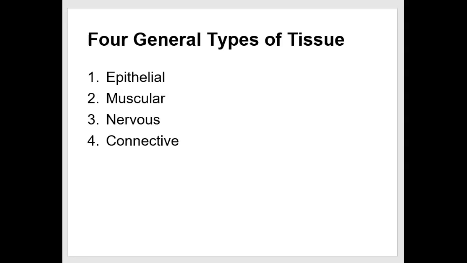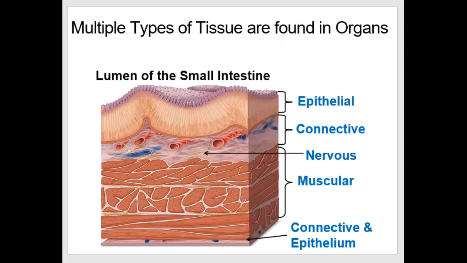So overall, we have 4 different general types of tissue in our body, including epithelial tissue, muscular tissue, nervous tissue, and connective tissue. So within one organ, you may find all of these tissue types. For example, this is a diagram of the cross-section of the small intestine. And the small intestine is a hollow tube, and so we're only seeing the wall on one side of the tube. And the hollow part is called the lumen, the open part.